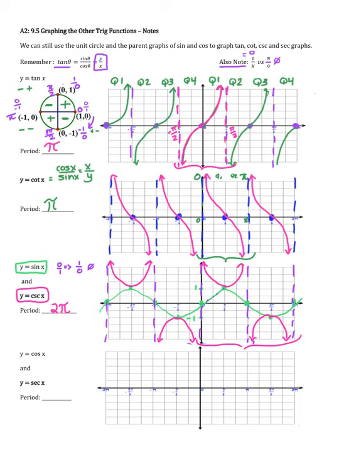Cosine, actually I want to do it in a really light color, so here's cosine. We're going to do it in yellow. So cosine starts high here at 1, then hits 0, it's low here, goes up, and we can carry that backwards.